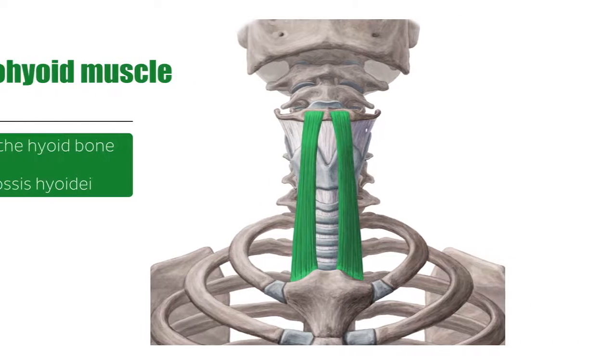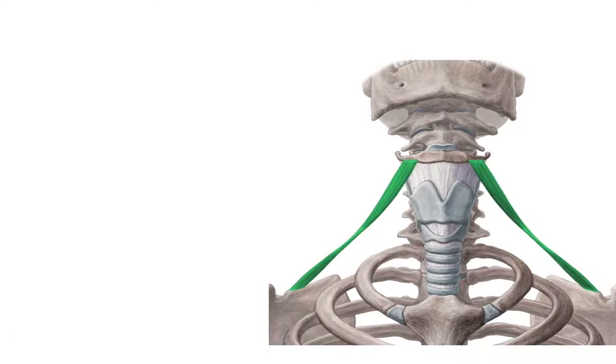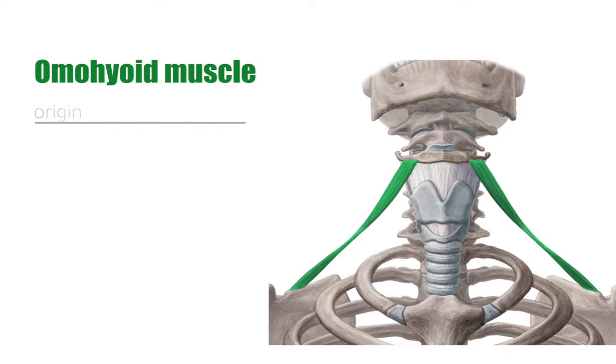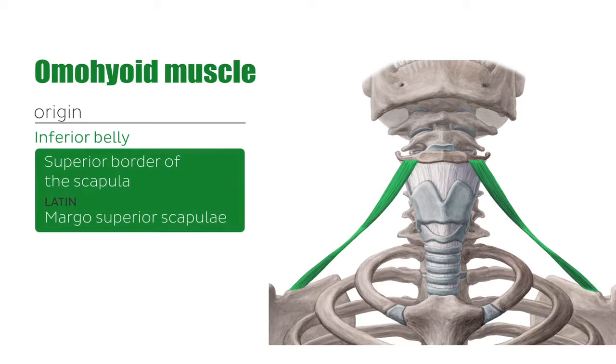We're going to move on to the next muscle on our list, seen here highlighted in green. And as you can see, and from all the muscles that we've been seeing here, you always find two, one on each side of the neck. Now this is known as the omohyoid muscle, and it is divided into a superior and inferior belly. In terms of origin points, the inferior belly begins at the superior border of the scapula and then ascends craniomedially and merges into an intermediate tendon at the height of the lateral cervical region.